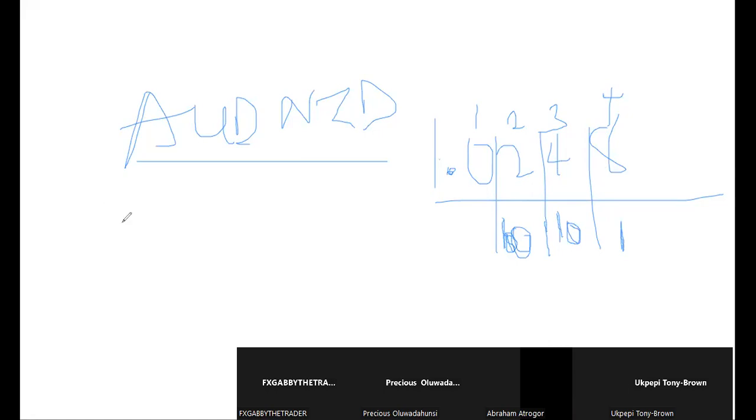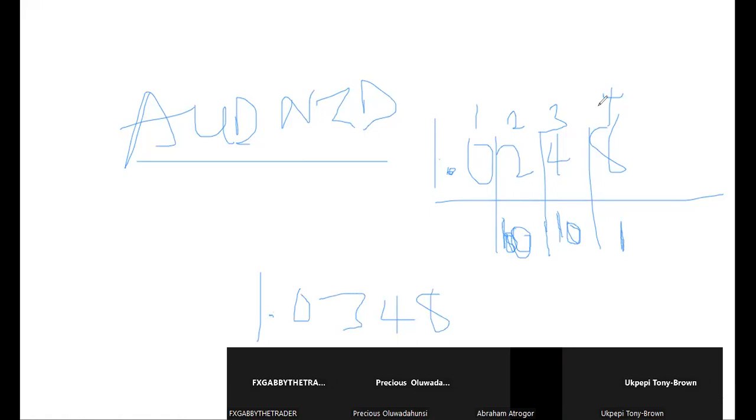All right, so if the price of AUD NZD changes from 1.024 to 1.0348, what is the pip currently? If this market changes from this to that, what is the pip currently?